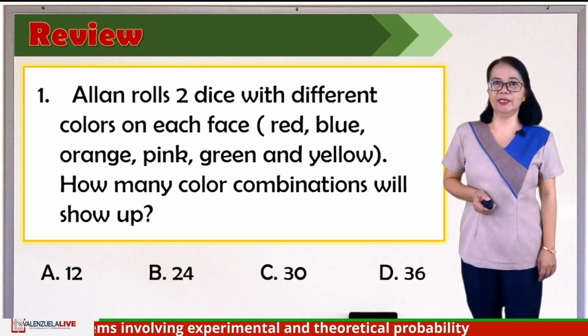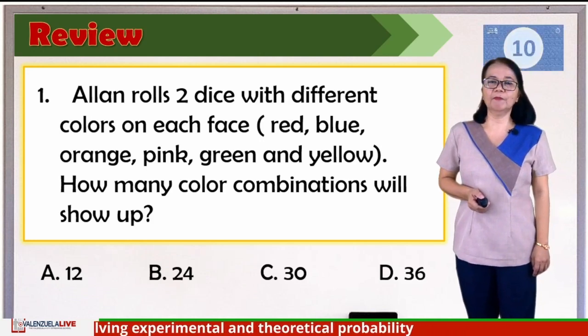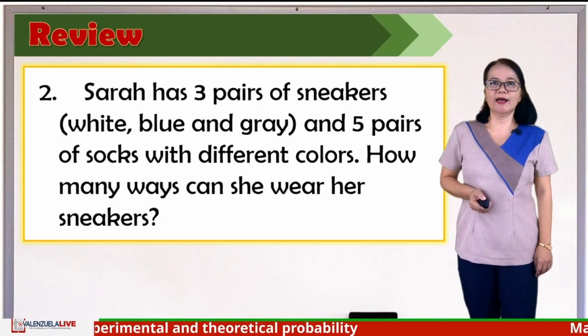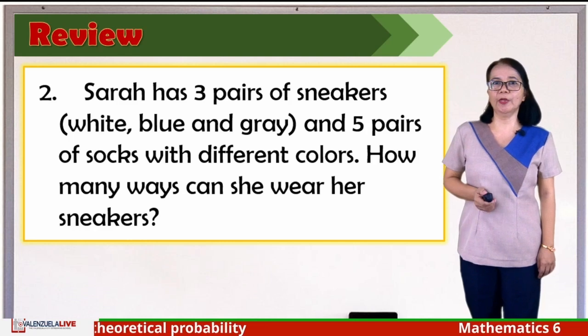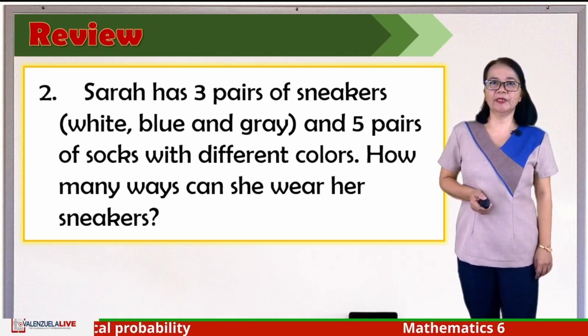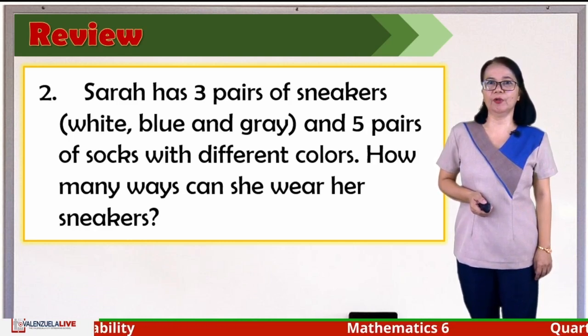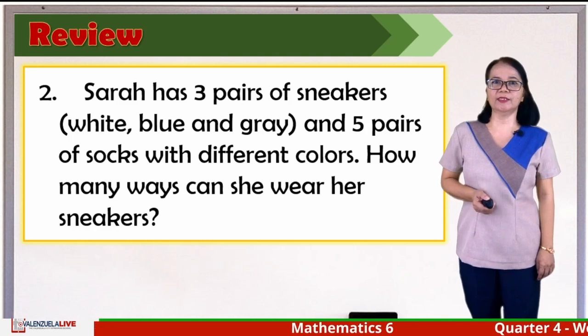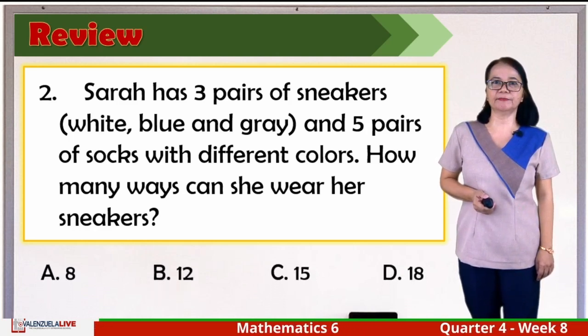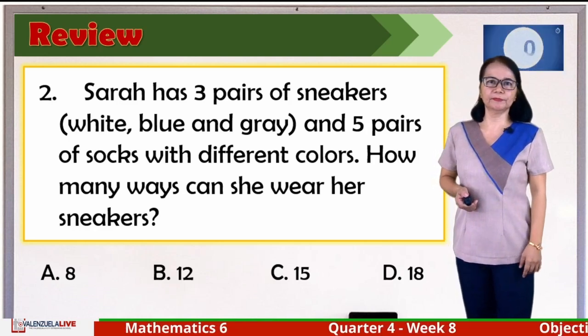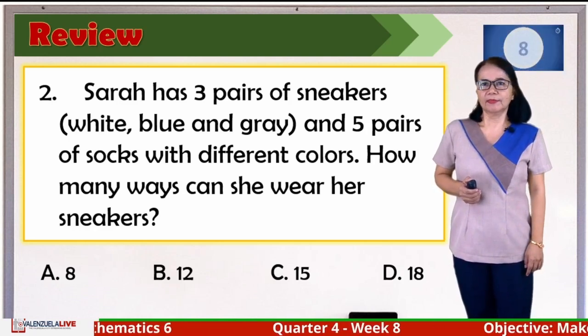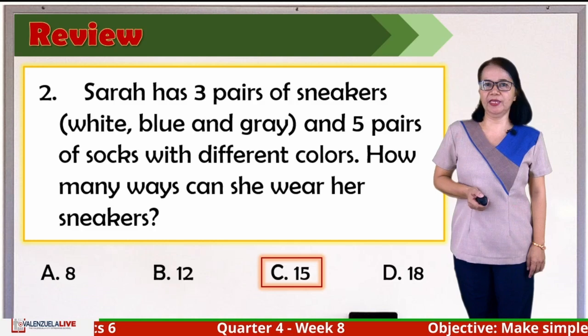It's letter D, 36. Number 2, Sarah has 3 pairs of sneakers, white, blue, and gray, and 5 pairs of socks with different colors. How many ways can she wear her sneakers? It's letter C, 15.